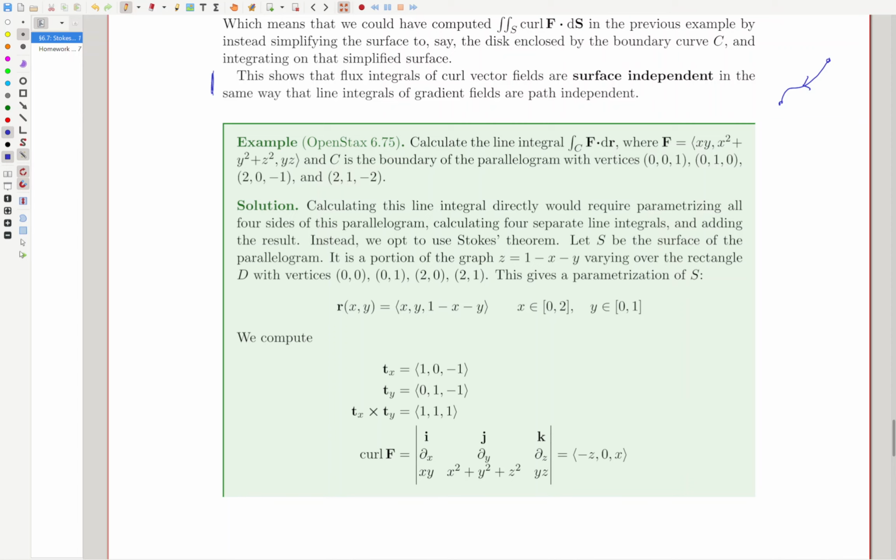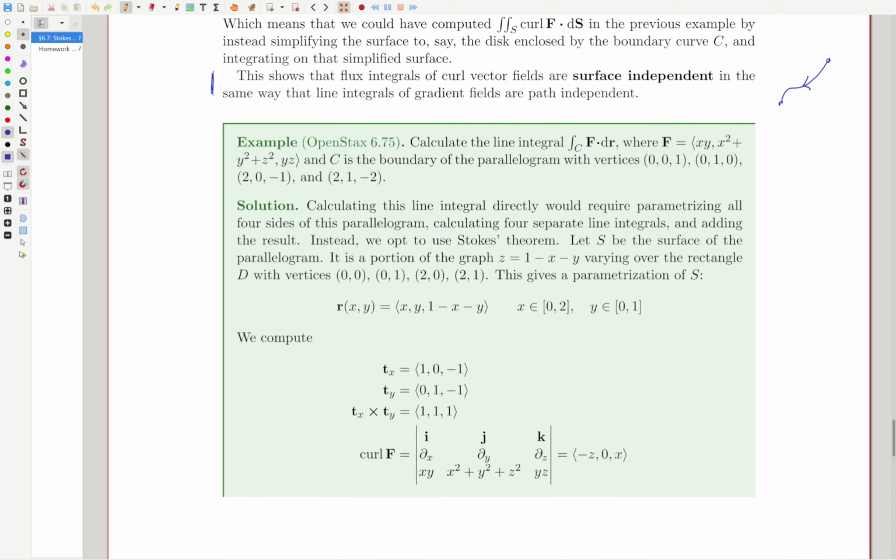If you wanted to treat this as a line integral, you certainly could, but it's going to be a bit tedious, because you'd have to parameterize all 4 sides of the parallelogram, calculate 4 different line integrals over those 4 sides, and then add all of those results together to get the overall line integral over C. So it's doable, it's just tedious.